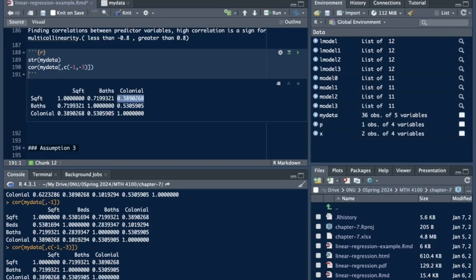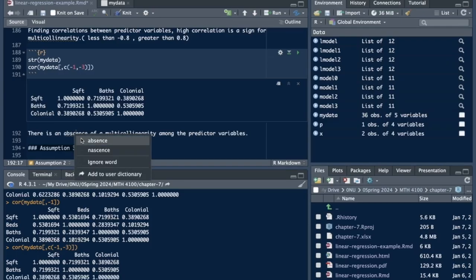In general, we have almost met the second condition. So we do not suspect any, or let's say there is an absence of multicollinearity among the predictors. This is the second assumption.